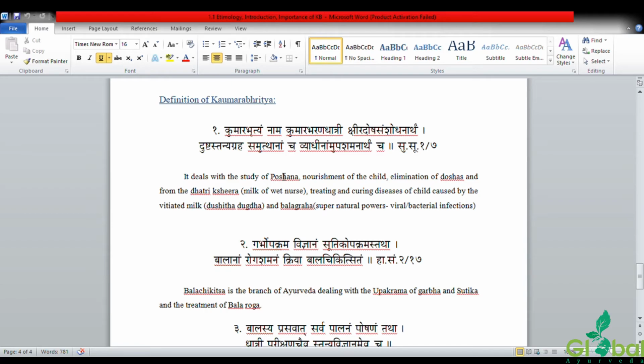Kaumarbhrityam Nama Kumara Bharana Dhatri Kshira Dosha Samshodhanartham Dushta Graha Samuthanam Cha Vyadinam Upashamanartham Cha.